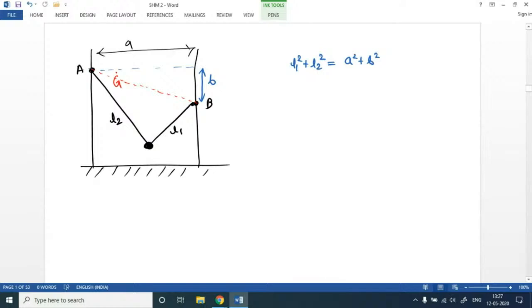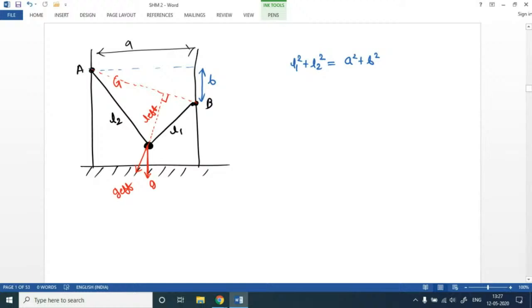So in that case, if I draw a perpendicular from this bob on this line AB, this here would be the effective length. Since G is in the downward direction, the other component would be balanced, and G effective would be in this direction, along the L effective. So this is the direction of G effective.